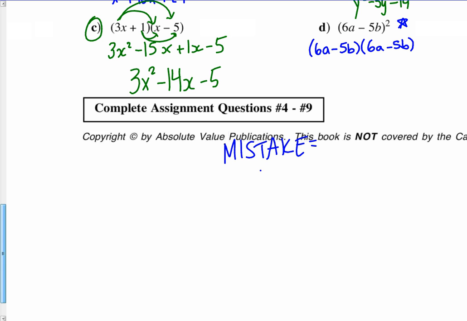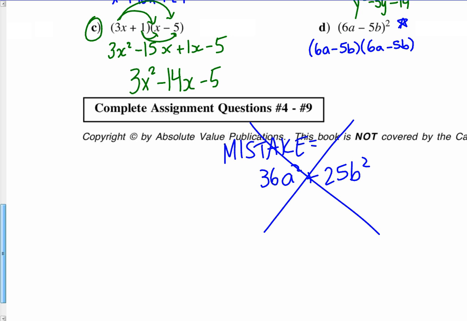They'll square the first term. They'll write 36a squared plus 25b squared. Wrong. Okay, so 6a times 6a, 36a squared. What's 6a times negative 5b?